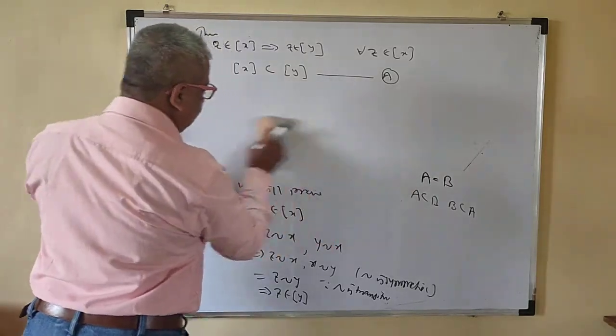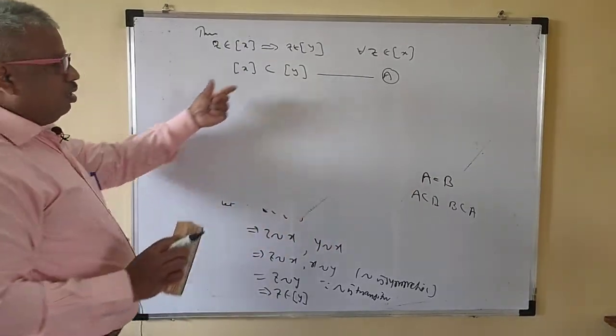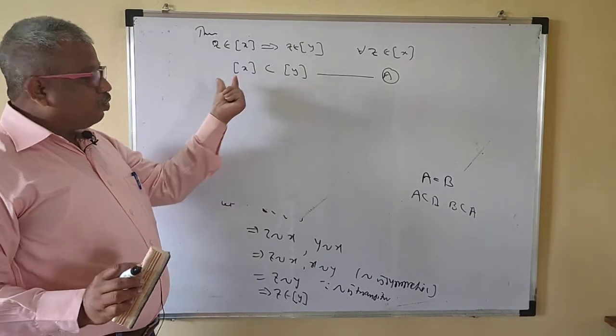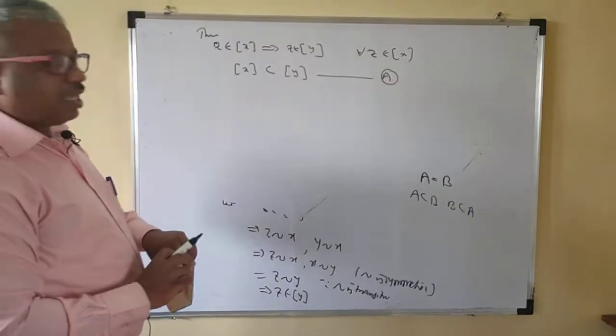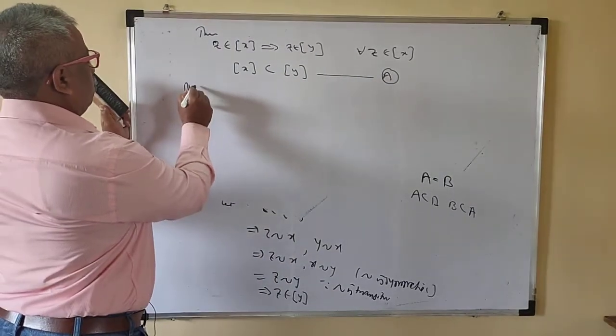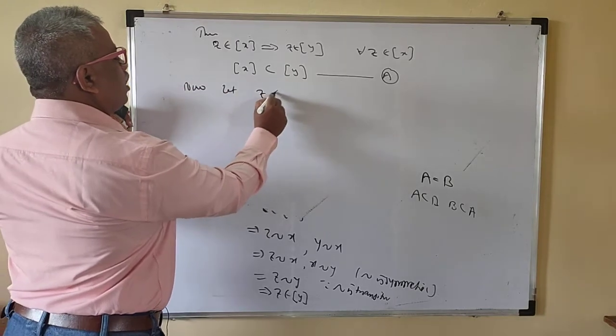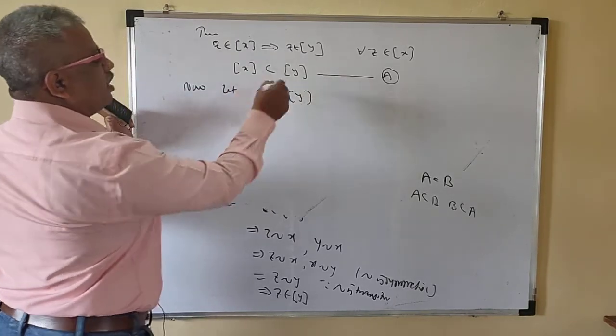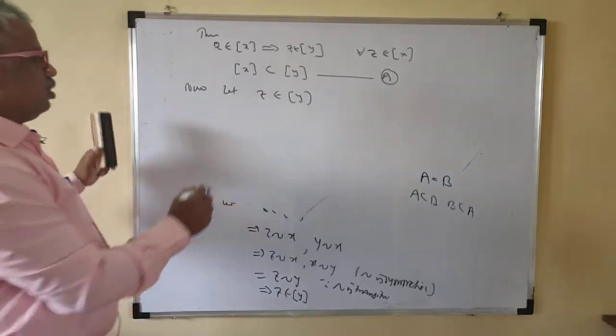Now what I will do is take an element from the equivalence class of Y and prove that it belongs to the equivalence class of X. Now let Z belong; you can take Z. This Z and the earlier Z are different, so the meaning is different.